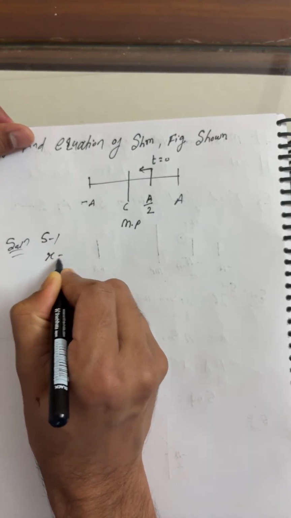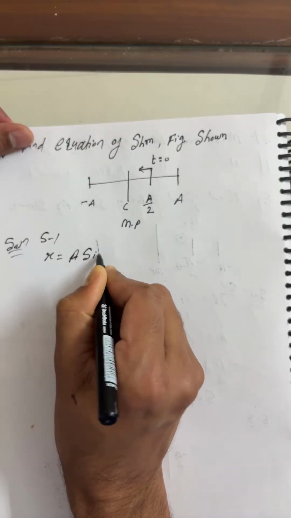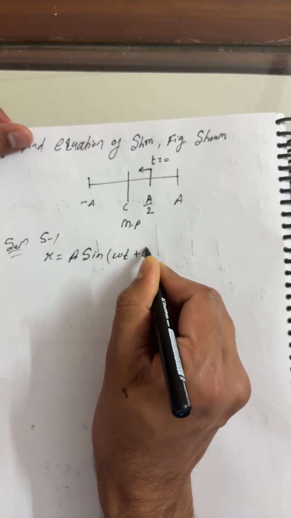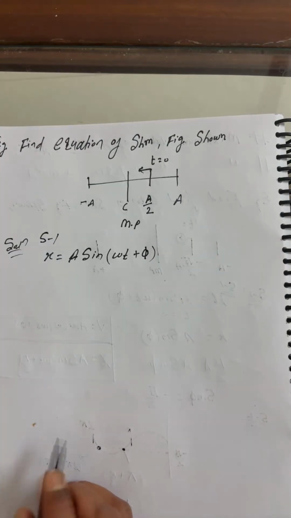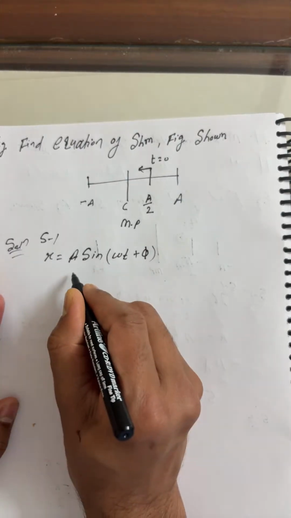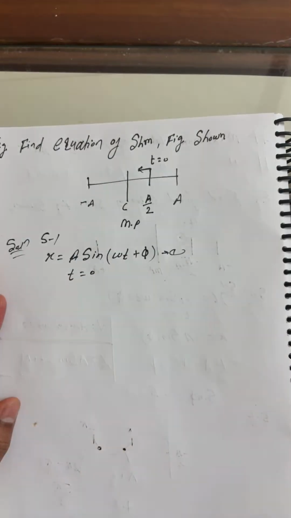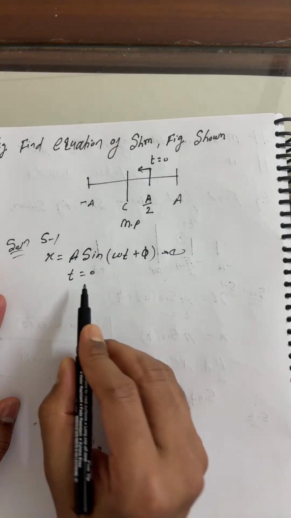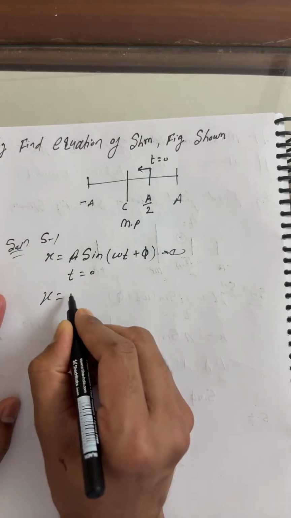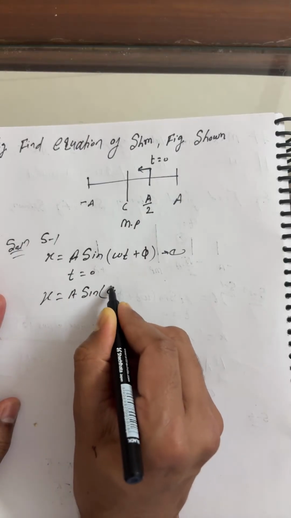So you can write x equals A sine(omega t plus phi), right? Equation number 1. First, put t equals 0 in equation number 1. So x equals A sine phi.